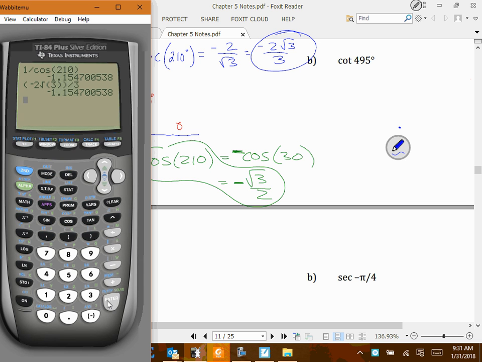Now, we will be more comfortable later on because of the additional algebra we might do with that number. It's better written as negative 2 root 3 over 3 than as negative 1.1547. Because that decimal value is irrational, right? Well, both of them are irrational. But the one with the root in it is an exact irrational number, whereas you cannot physically write down an irrational number as a decimal without some type of rounding error.